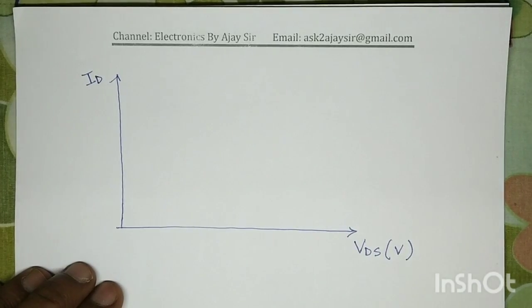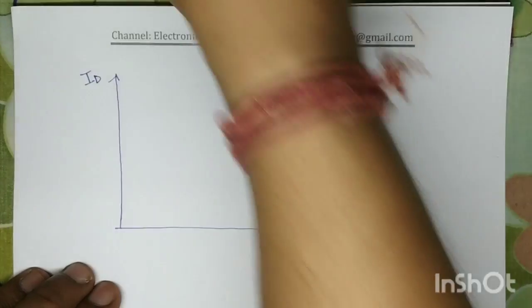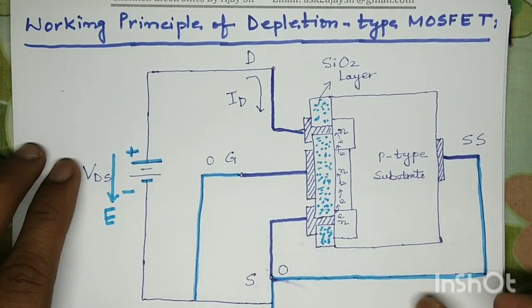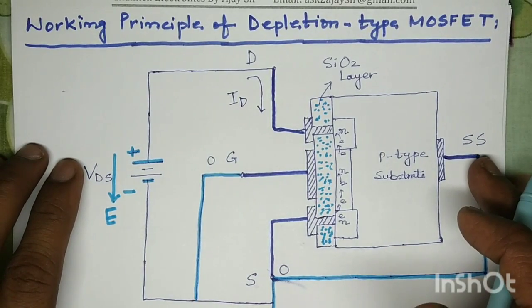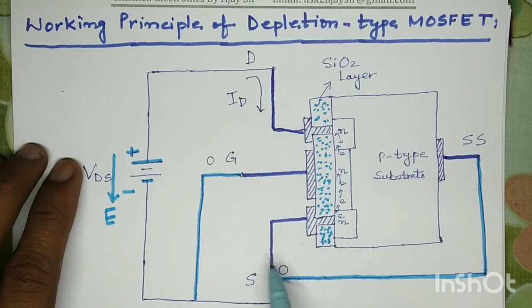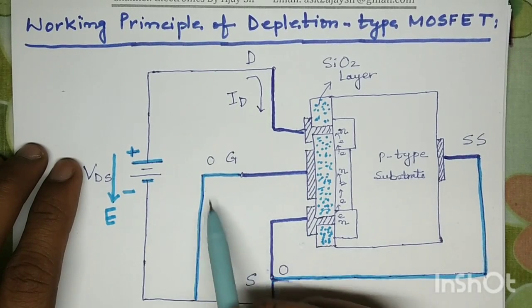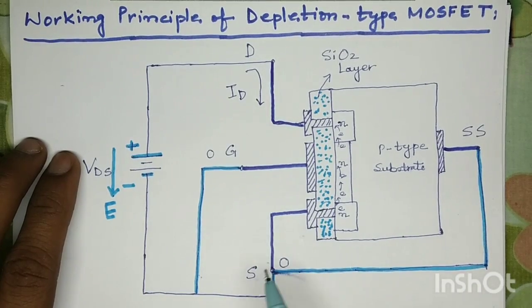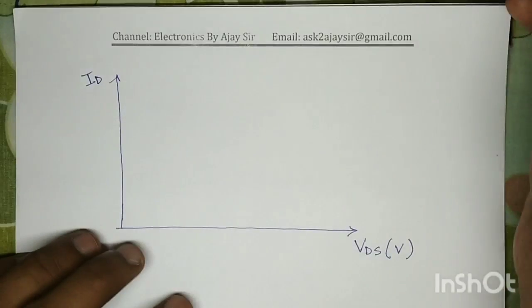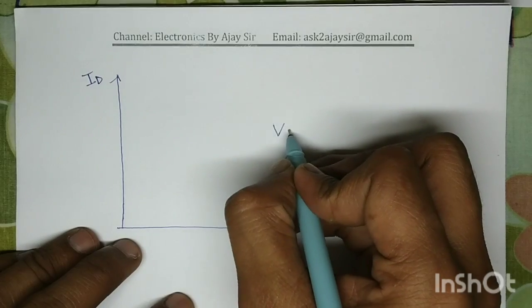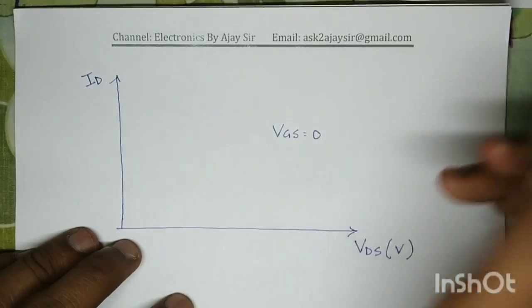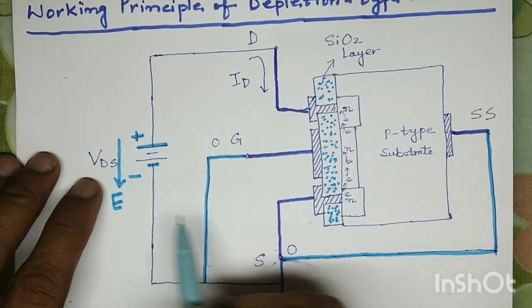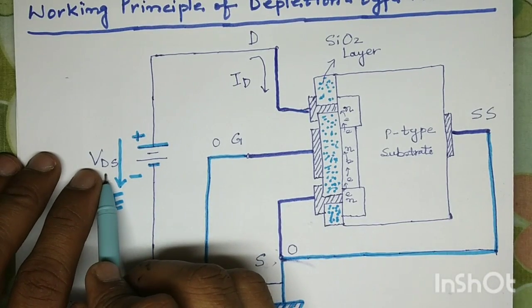In this circuit the source is connected to the substrate, at zero potential, and the gate is also at zero potential. So the potential difference between the gate and the source is zero. First we will plot the characteristics for VGS equals 0. So when VGS equals 0, VDS is also equal to 0.